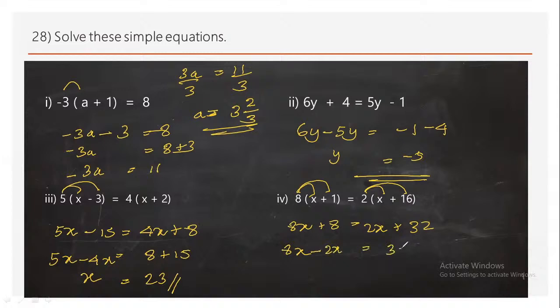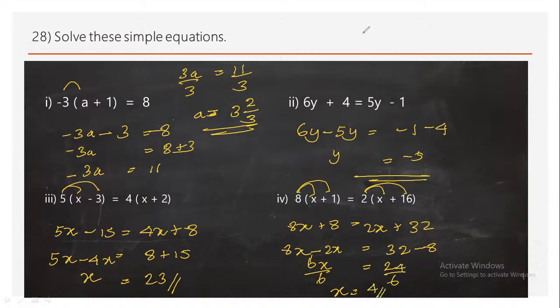Borrow this 32 plus 8 to the other side, minus 8. 8x minus 2x, how much here? 8x minus 2x, 6x. Equals 32 minus 8. Then here you can see 2 and 6, 24. Then divide this side by 6, this side by 6. X equals how much here? That is 4.